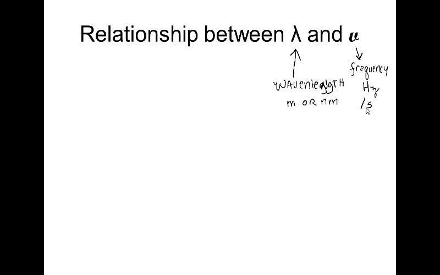Lastly, the relationship between wavelength, there is the symbol for wavelength, again symbol, and units, and there is the symbol for frequency. That's the symbol. The units can be hertz, per second, second to the -1.